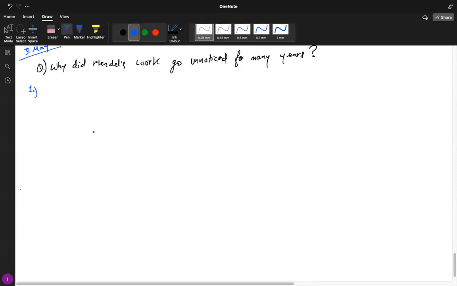There was no internet where they could publish their data and everyone could just browse and see. So one major reason why for a very long time it went unnoticed is the lack of a faster mode of communication, like the internet.